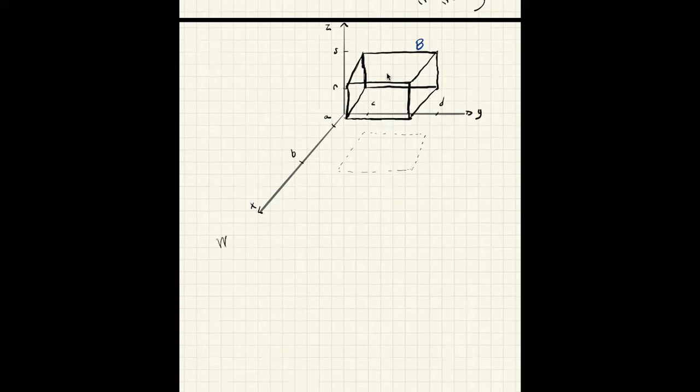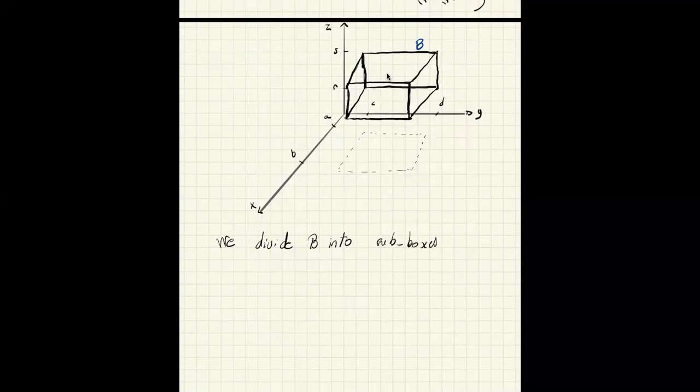We divide B into sub-boxes. Remember, we had two indices in the two-dimensional case.